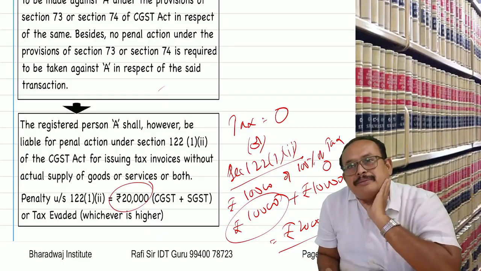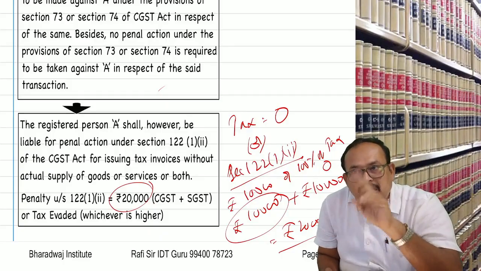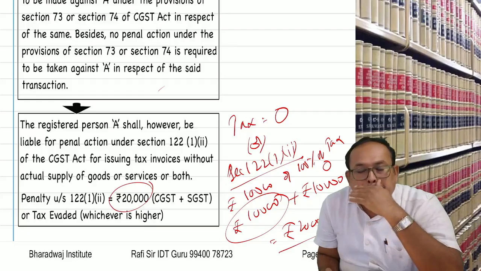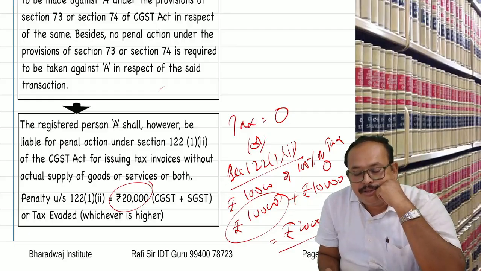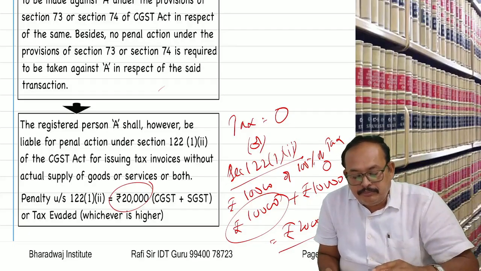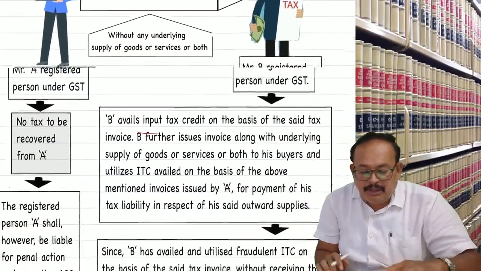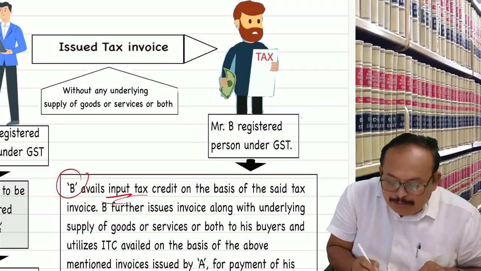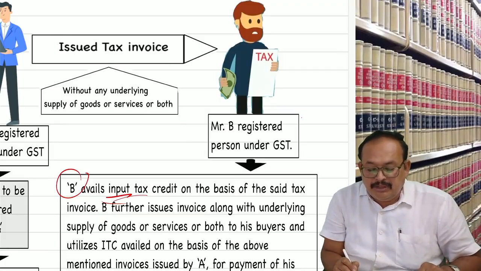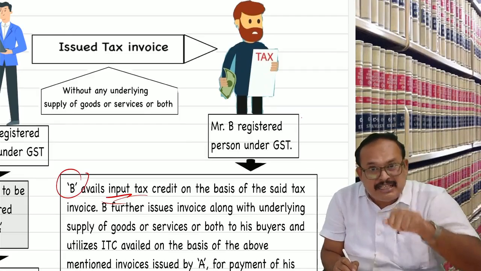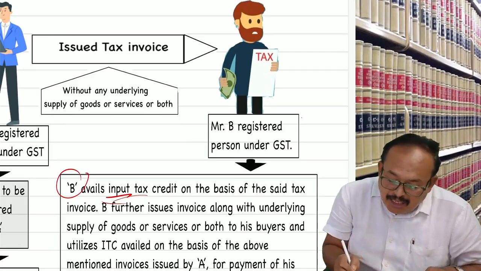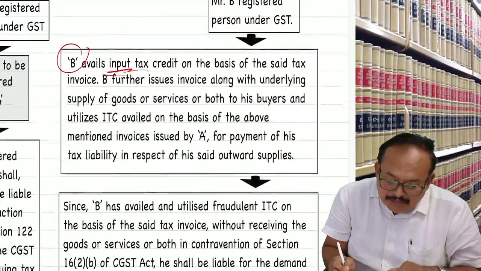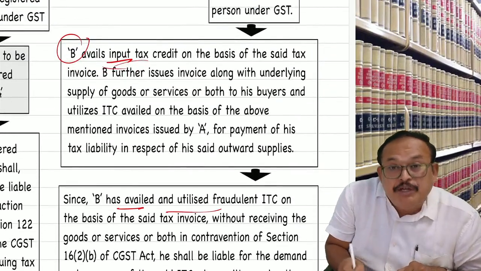Now, goods where? To B. Goods are linked with whom? B. B says, I avail the input tax credit based on such fake invoice and further availed and utilized.